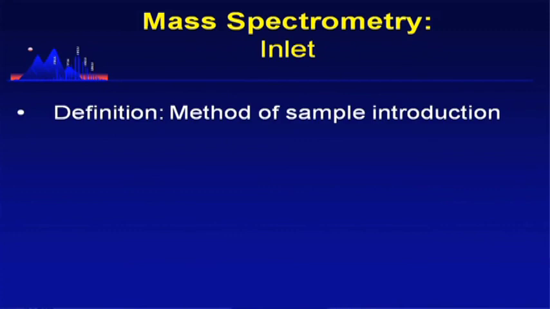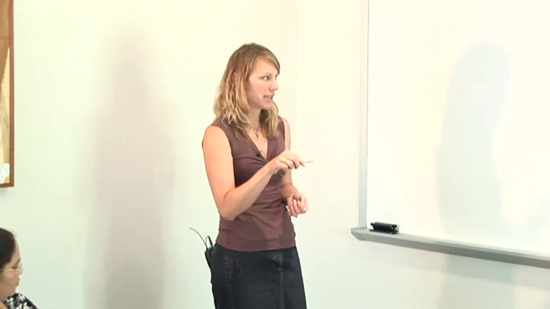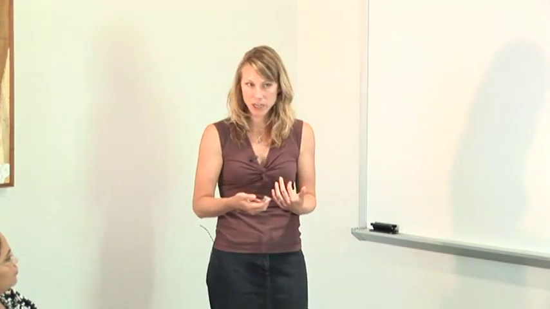So the inlet, again, is our method of sample introduction. Now, there are 2 major types of inlets that you can use. The first is a solid state inlet, which is either some sort of plate or a probe. The other is going to be a liquid inlet, which is going to be an infusion or an injection.